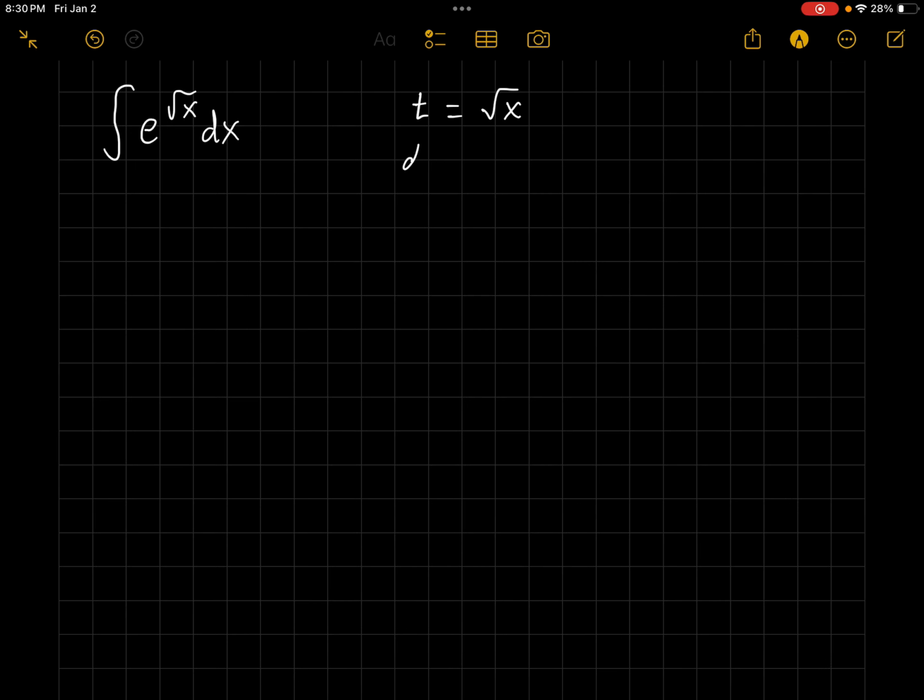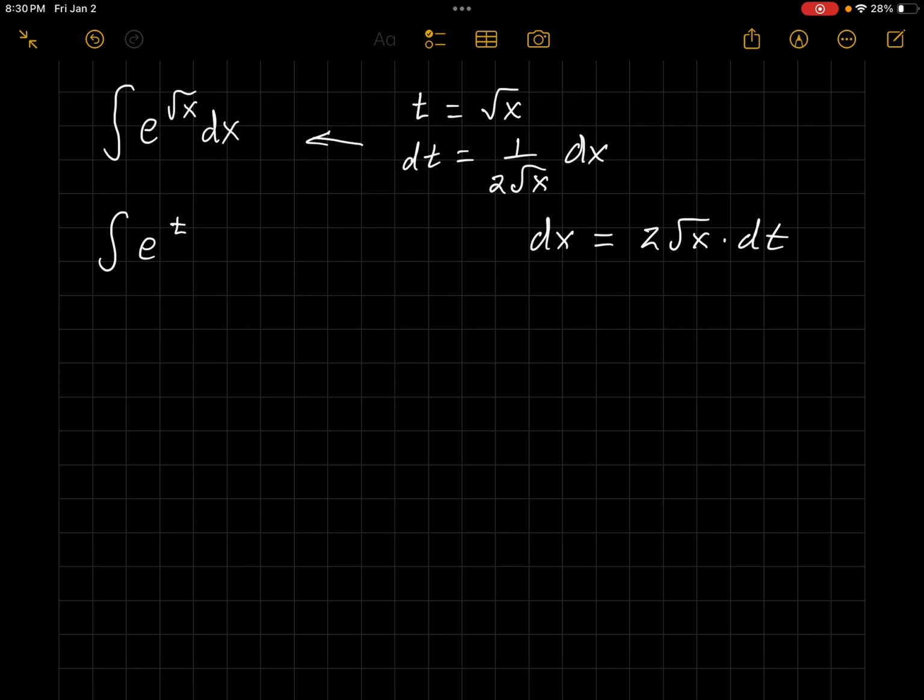So if t is root x, then dt is 1 over 2 root x dx. And I'm going to substitute x's for t's. I get e to the t. And then I have a dx, which I have to deal with. So let's look over here. Notice that dx is 2 root x times dt.